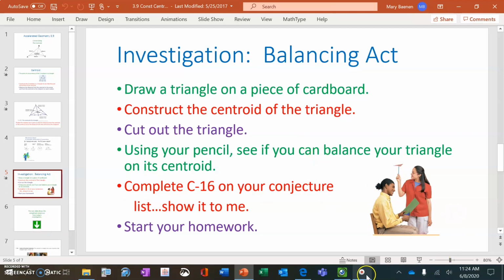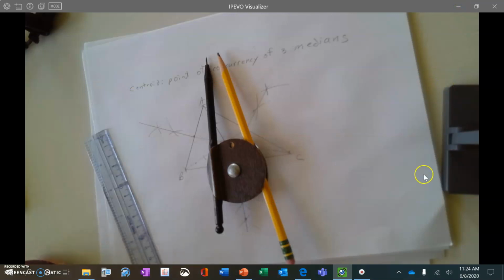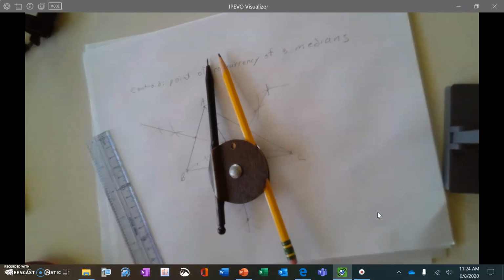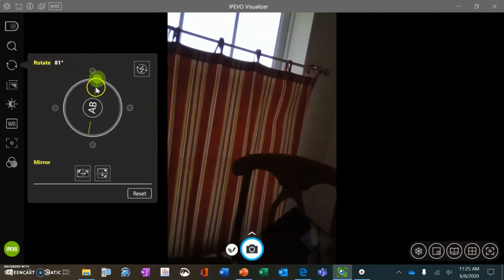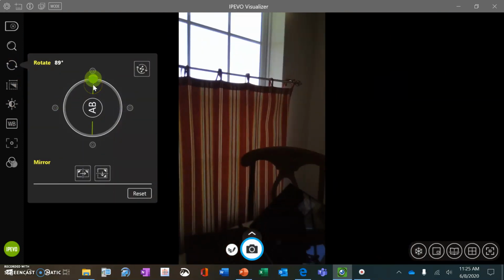Now, let's see if I can show you this. So I'm going to put this down. Let's see if this works. I'm going to move this up. I'm going to close these so it's not so sunny. Then I'm going to go over here, and I have to change the orientation of my camera.